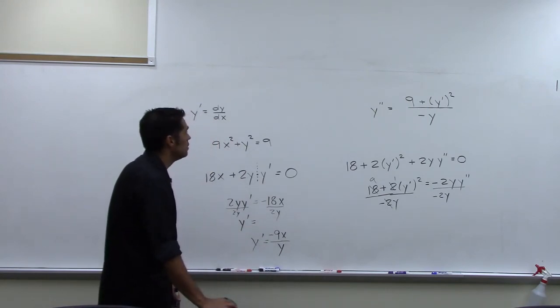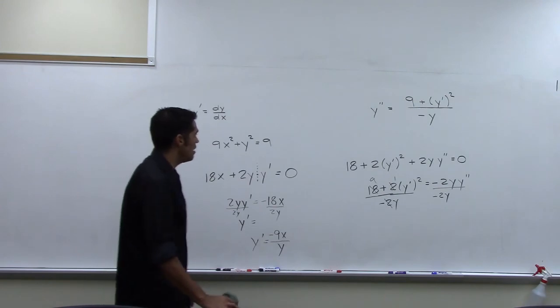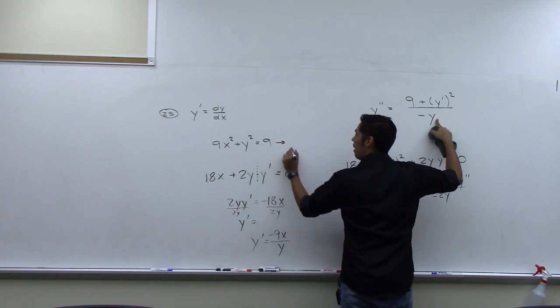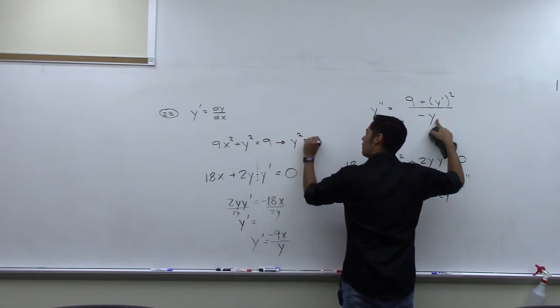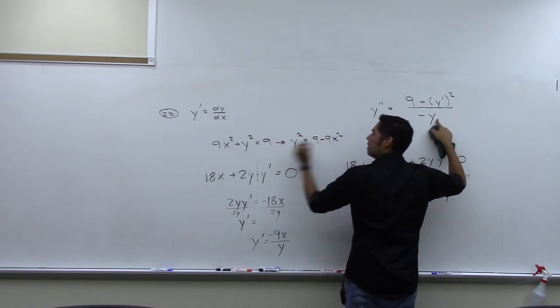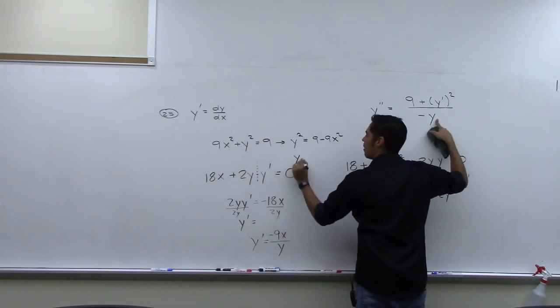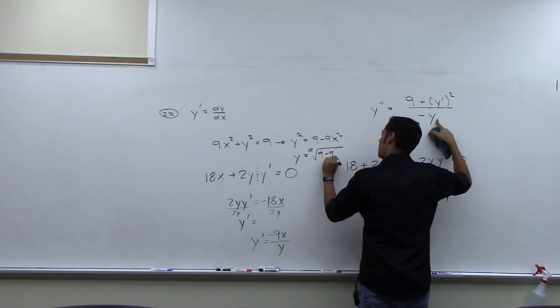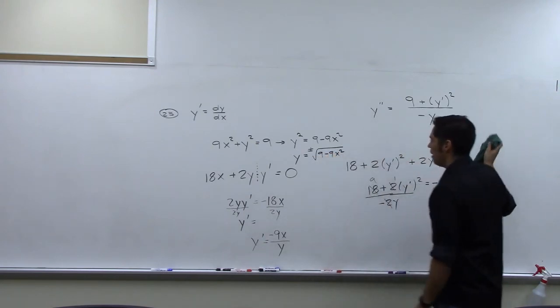For the bottom here, I need a y. So I could solve this for y by moving this to the other side and then taking the square root, and you can get plus or minus the square root of 9 minus 9x squared.